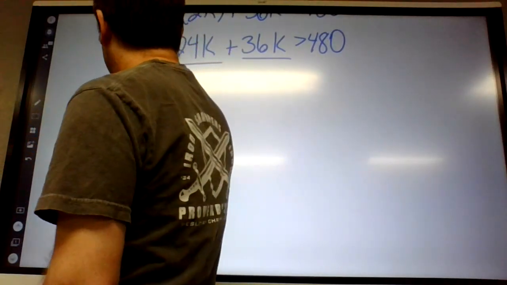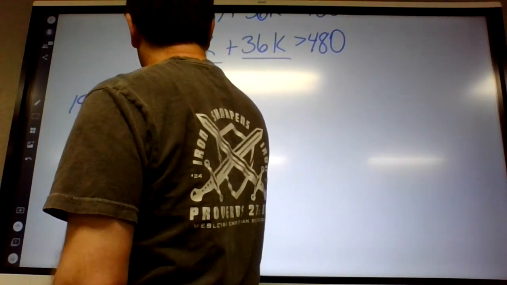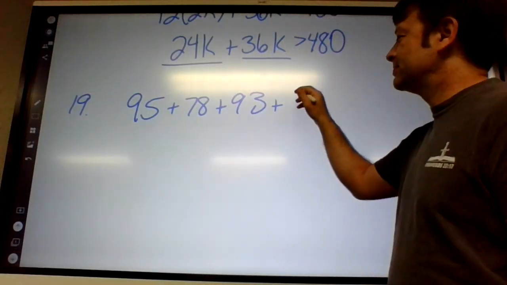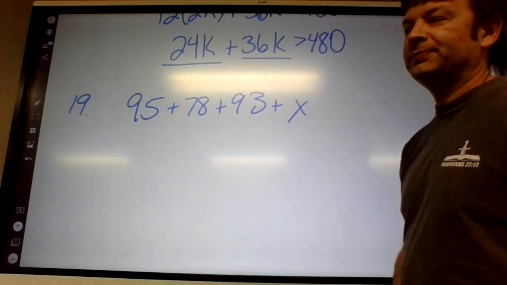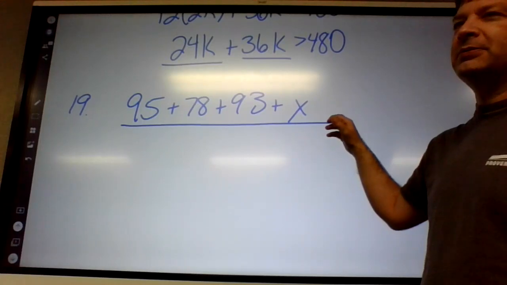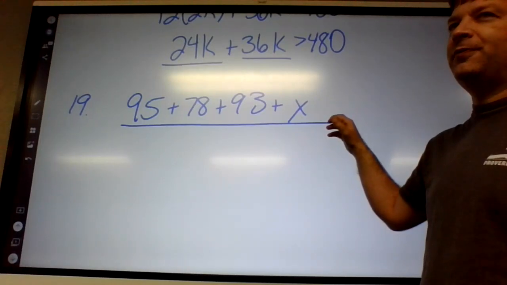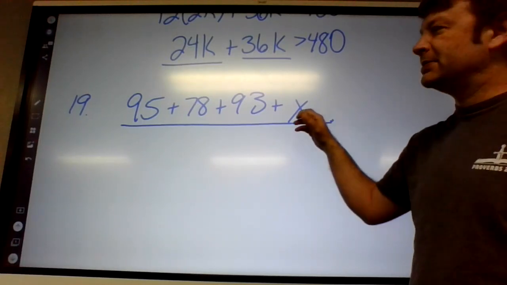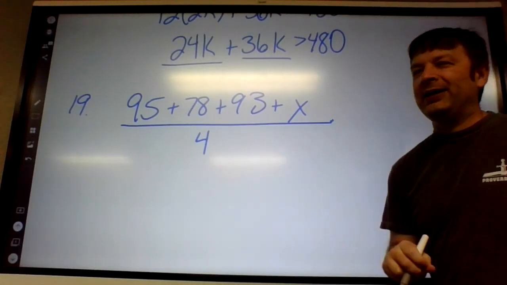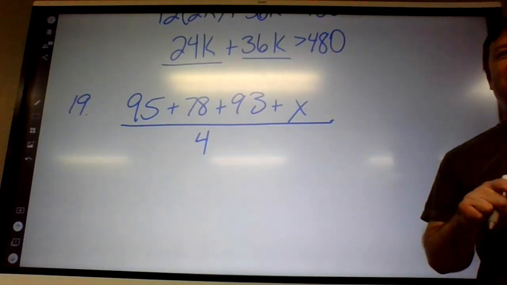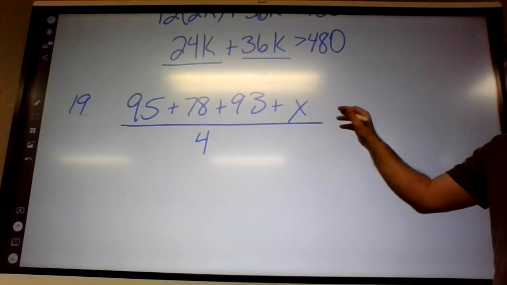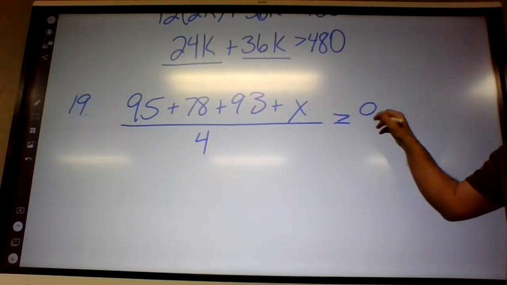So, 95 plus 78 plus 93 plus X, divided by 4. And his grade needs to be at least a 90 to get an A. So how do I put at least 90 up here? Greater than or equal to 90.